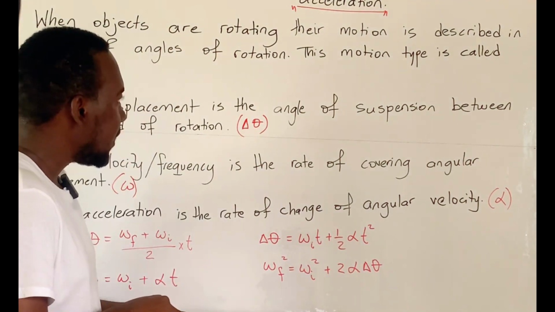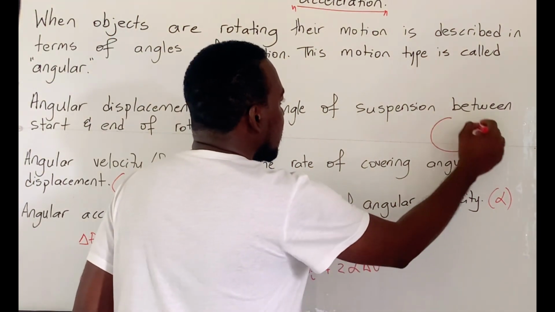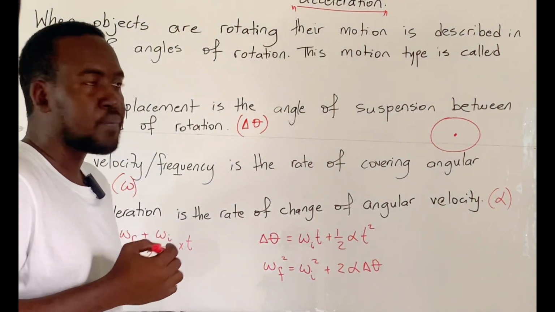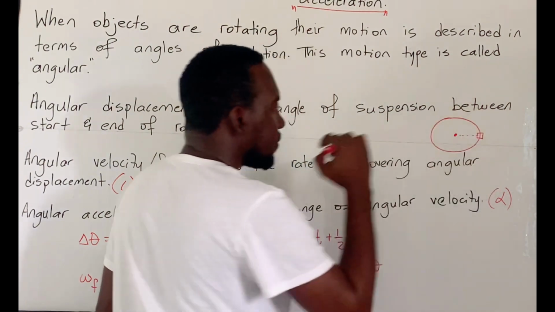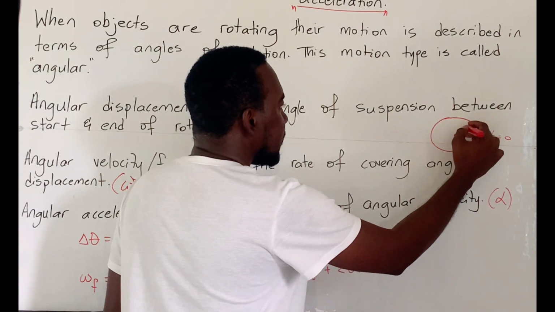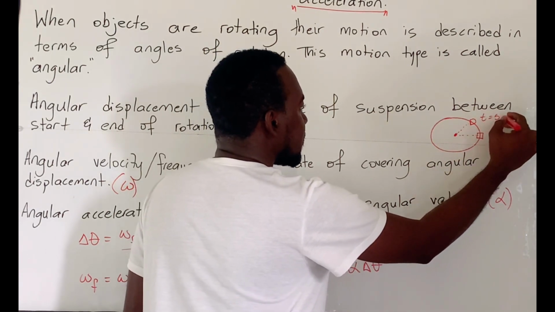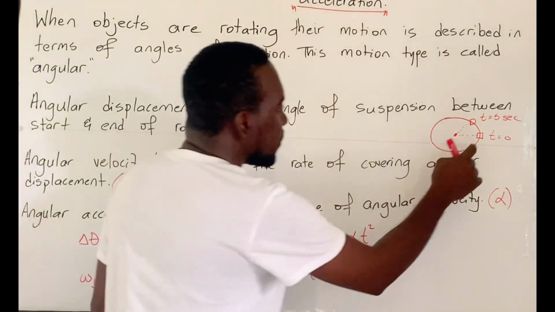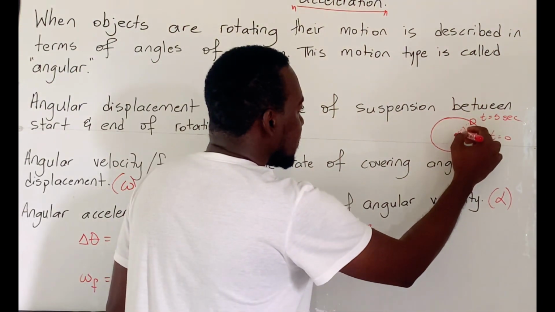So if we take a circle, and the object is spinning about this axis at the center, and it started at this point at t equals 0, then moved to this point at t equals 5 seconds, then the displacement of this object in angular motion would be the angle that it subtends here.